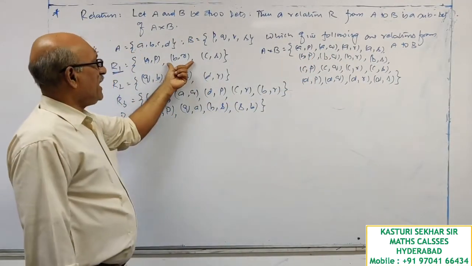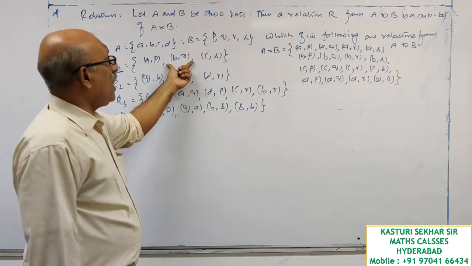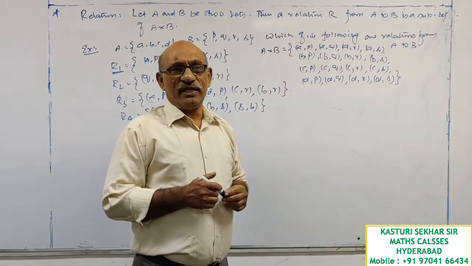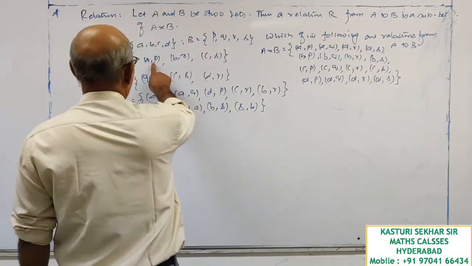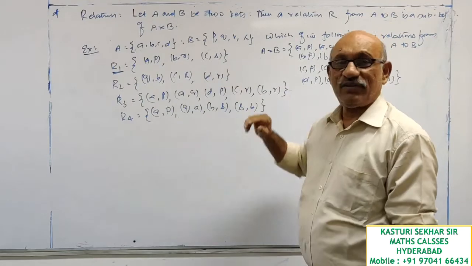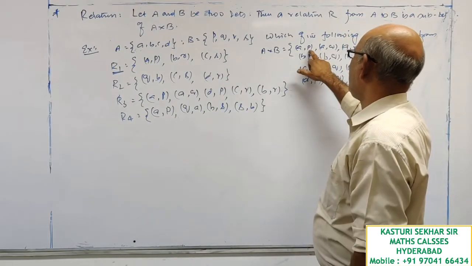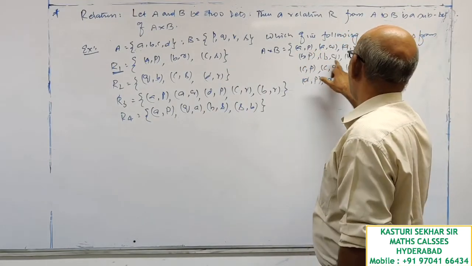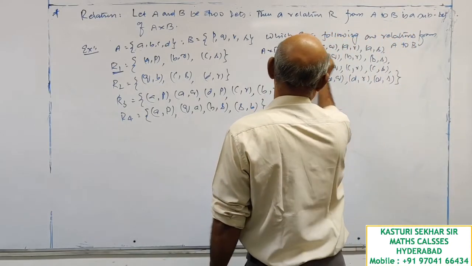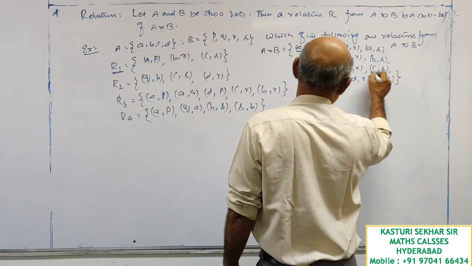It means if the elements of this are also in A cross B, then you can say R1 is a subset of A cross B. Look at this, (a, p) you have in this. It is the parent set and it is the child set. (a, p) is in this set. (b, r) is here. (c, s) is there.